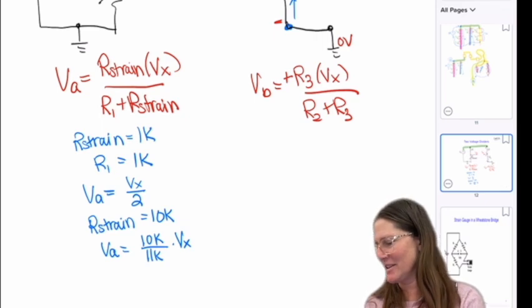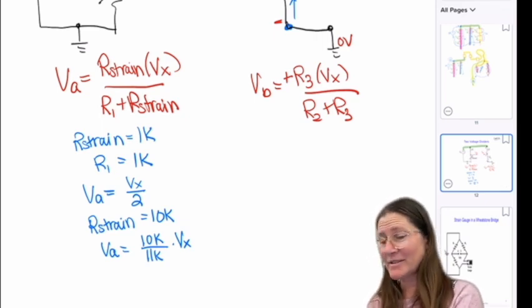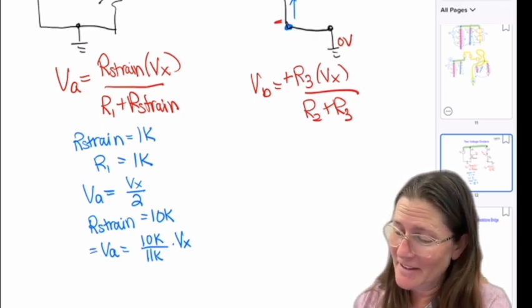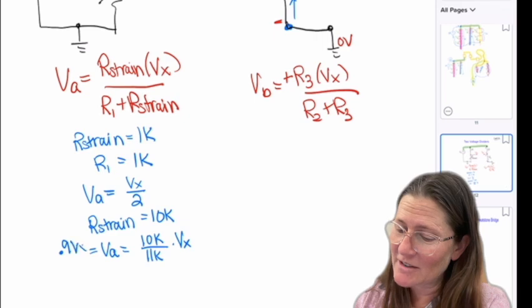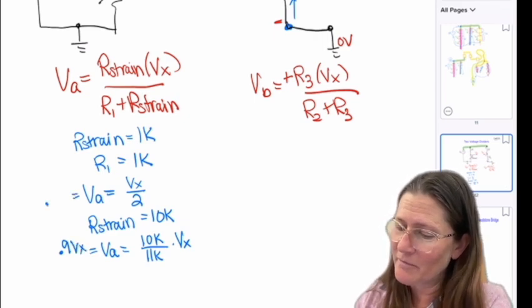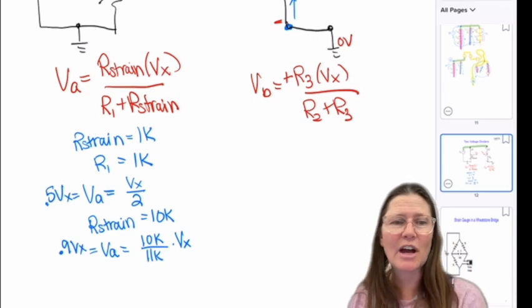Ten divided by 11 is about 0.9, so it's increased. So 0.9 Vx, compared to 0.5 Vx. It's increased in value.